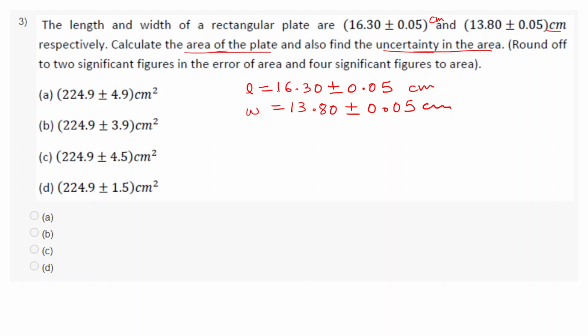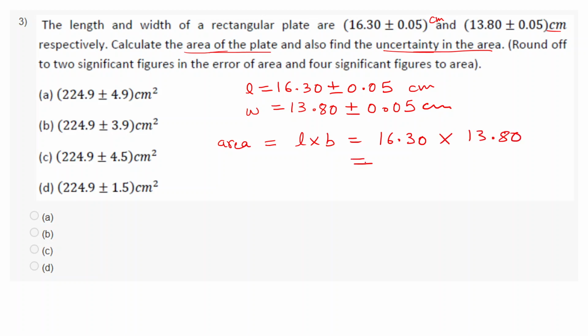So first we need to calculate the area of the plate. So we'll start with these actual values. So the area of a rectangular item, we know, is length times breadth. So this will be 16.30 times 13.80.